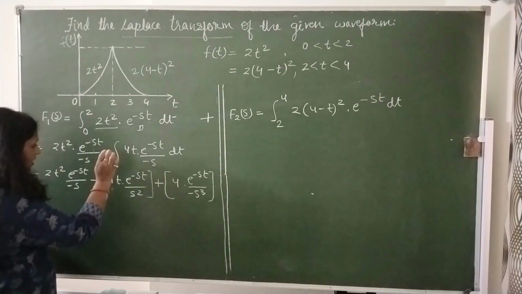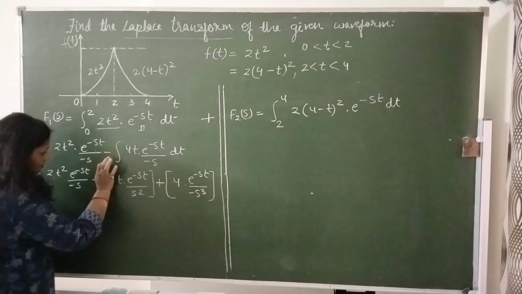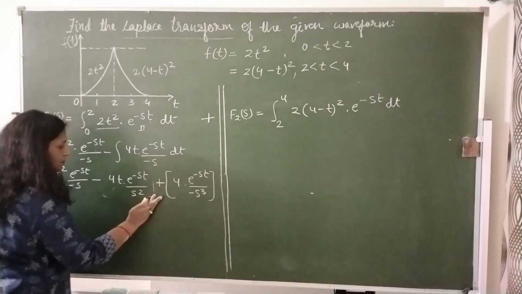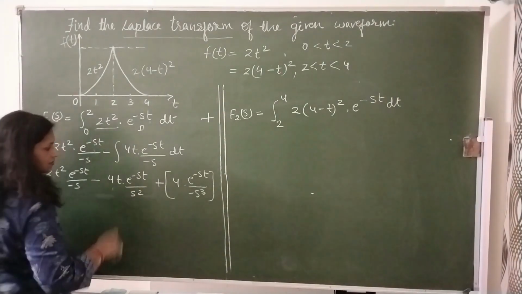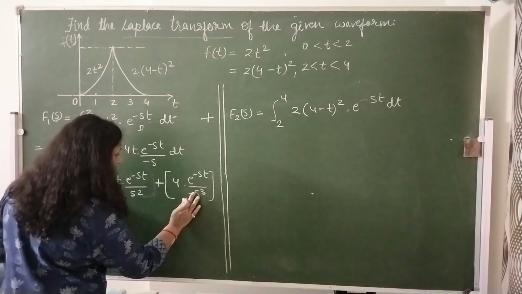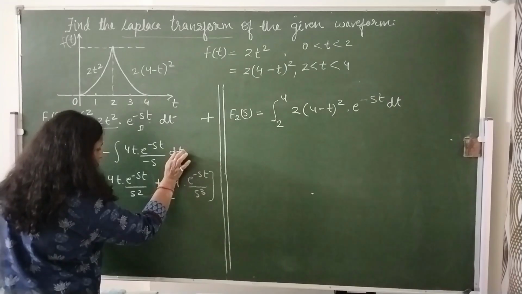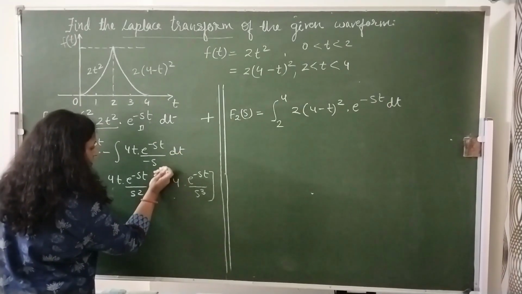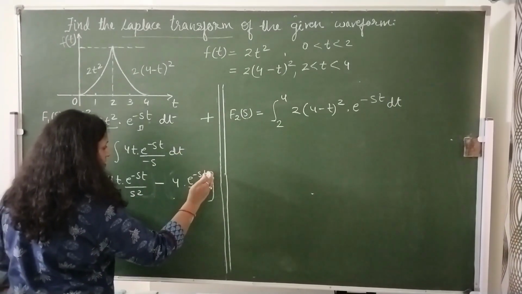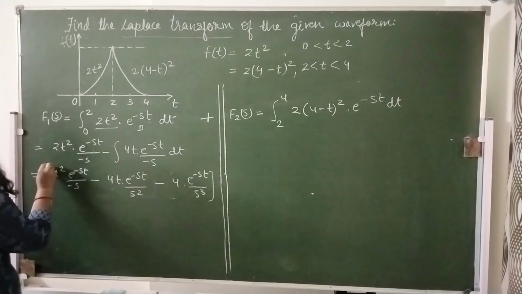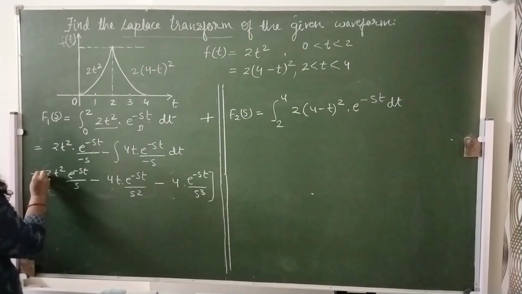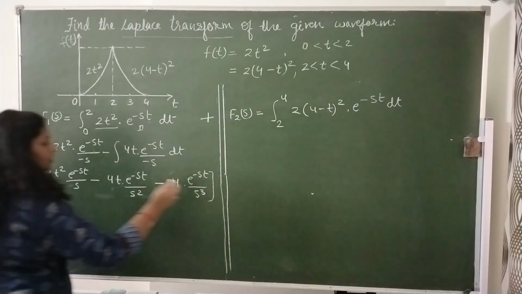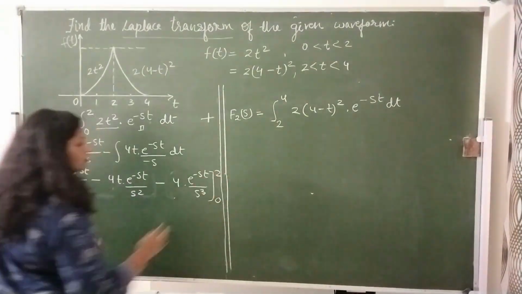Now check the signs. This is minus, so we can remove this bracket. Now minus is inside. This is minus, so this will make this plus sign a minus. Now put the limit. This is also minus. This term is also minus. Now put the limit 0 to 2.